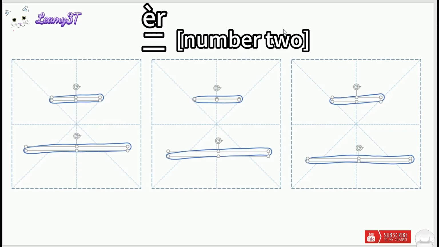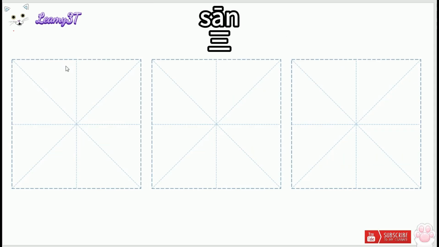Now, let's write san. It's similar to 二, but with 3 hengs. The first one is at the top. The second is in the middle. And the third one is at the bottom.